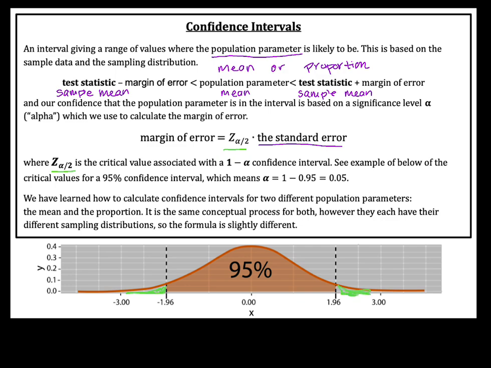So we're going to take that 5% and divide it by 2, and that gives us 2.5% in each tail.